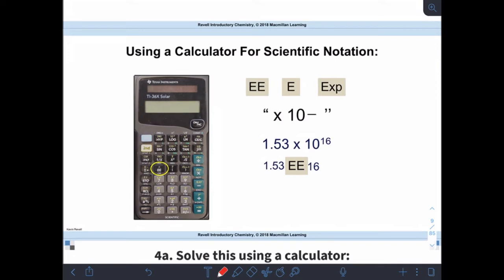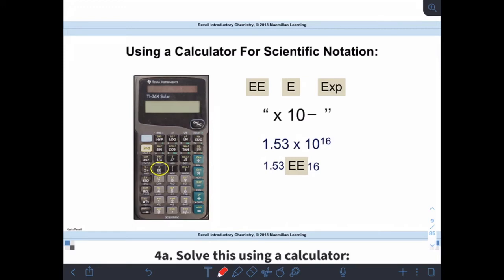Others have the EE above one of the other buttons. In order to use those, you have to use the second button, which is usually the same color as the things above your regular buttons. The EE takes the place of the times 10.